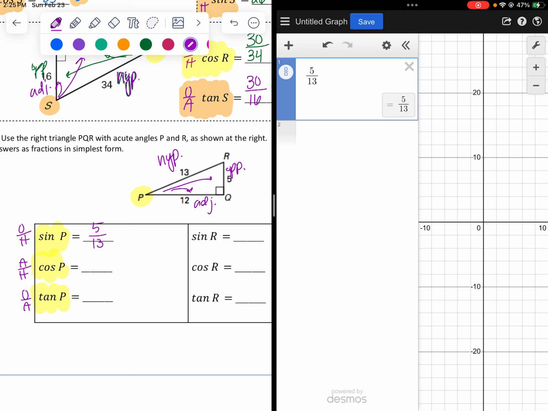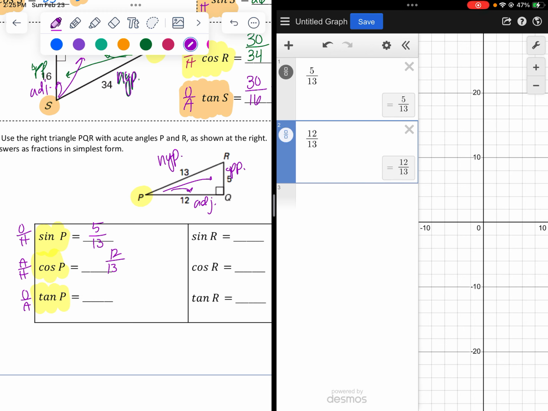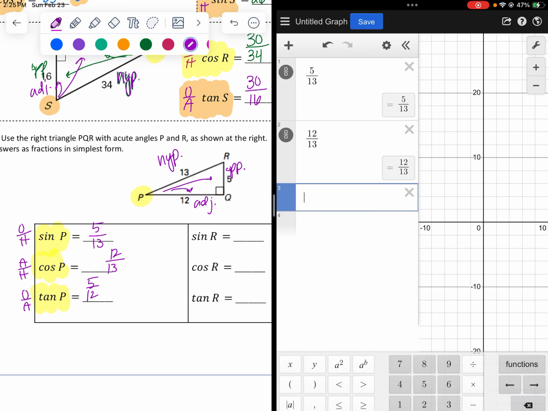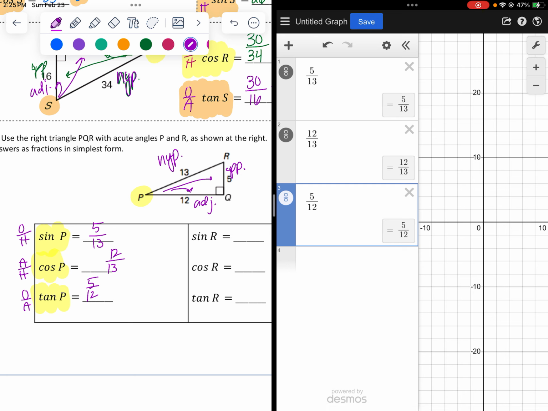My adjacent side is 12. My hypotenuse is 13. I'm going to plug in my calculator. Does it reduce? Nope, it stays the same. And last but not least, I have tangent of P, so I have the opposite over my adjacent side. So I have 5 over 12. And again, let's see if this reduces. Nope, it stays the same. So there are my 3 trig ratios for angle P.